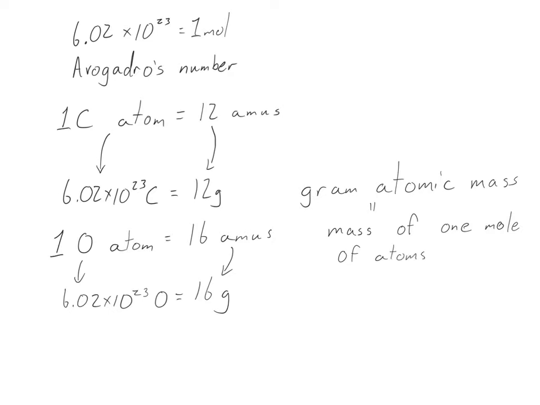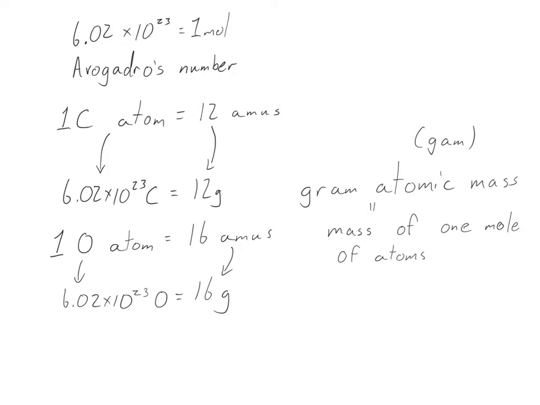So we use gram atomic mass, and we abbreviate it GAM. And we can only use it for single atom things. So we can just say carbon atoms, oxygen atoms, helium atoms. We can't use it for molecules. We can't use it for ionic things. That's going to have a different term.